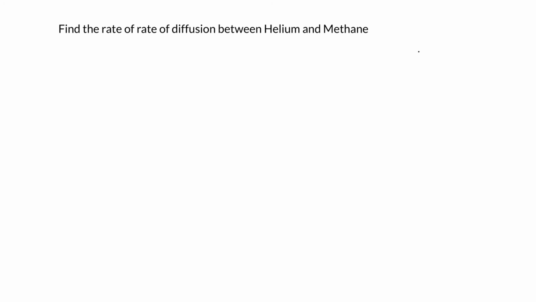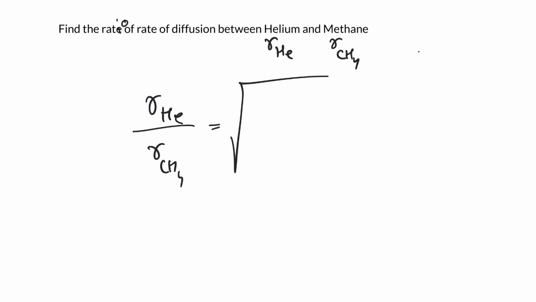Okay, I really hope that you must have solved it. So again, R He and R CH4. Again it's a ratio, RHe upon RCH4 equals the square root of the mass of CH4 upon the mass of He.